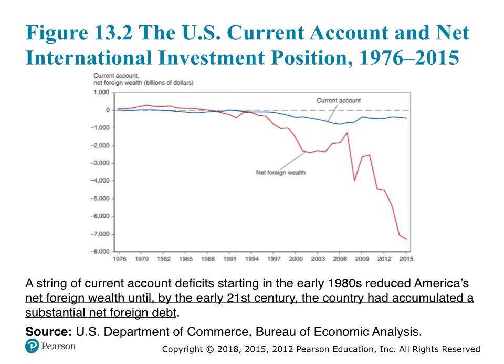Here is Figure 13.2, which shows the US current account and net international investment position from 1976 to 2015. As you can see, the United States has a negative current account balance, and it also has a decreasing net foreign wealth.